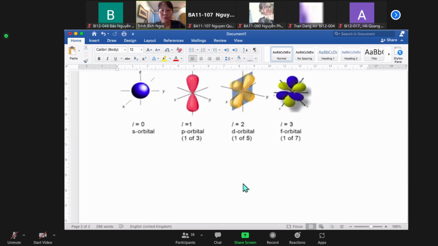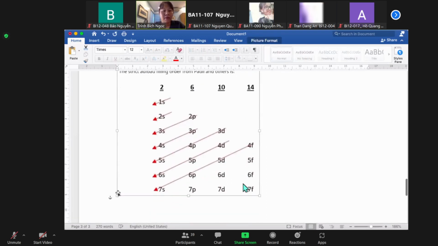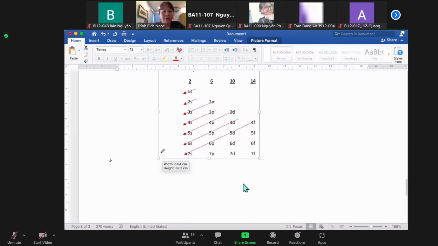So to fill the electron configuration, you have this diagram, this rule.